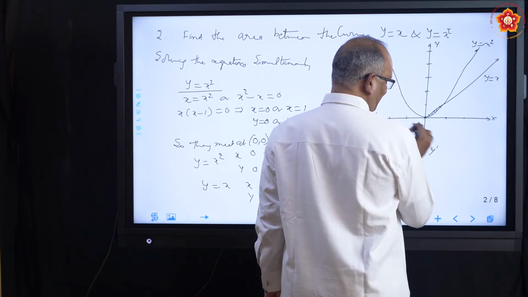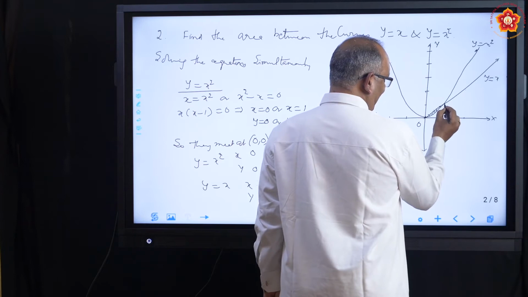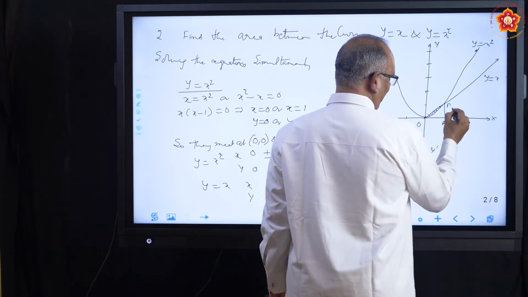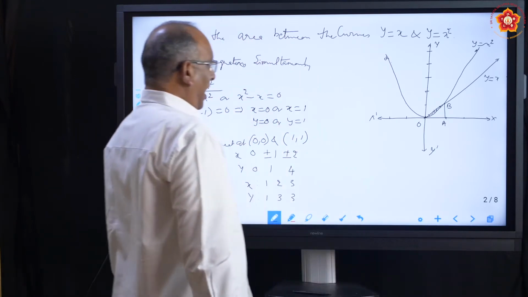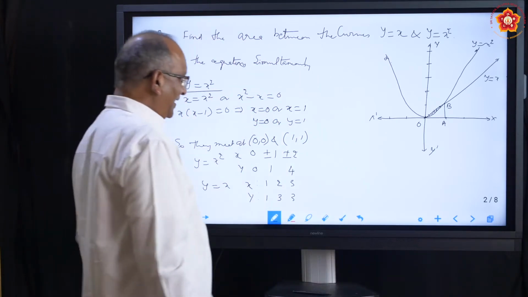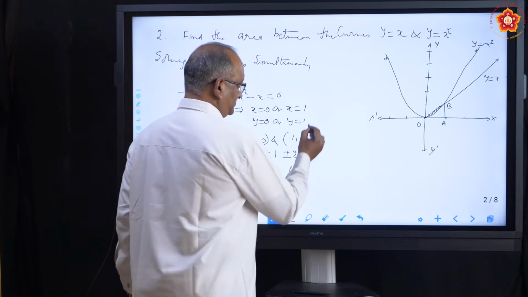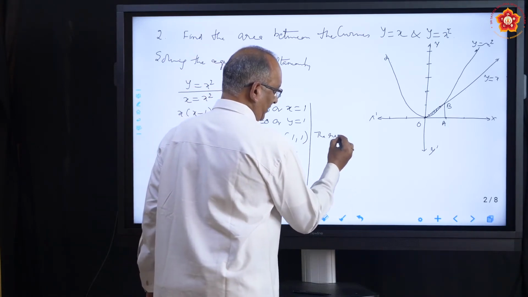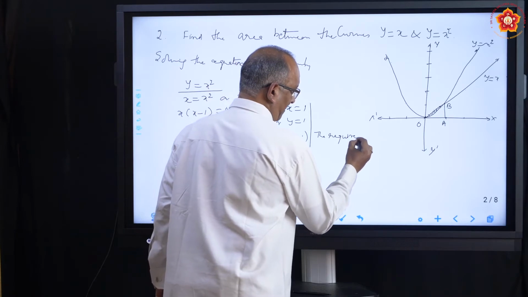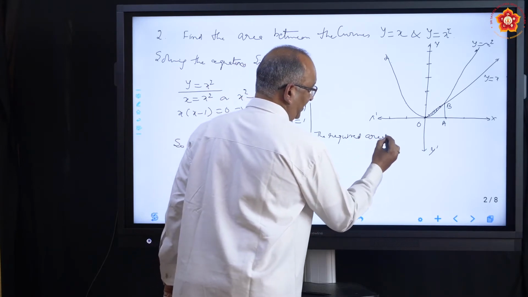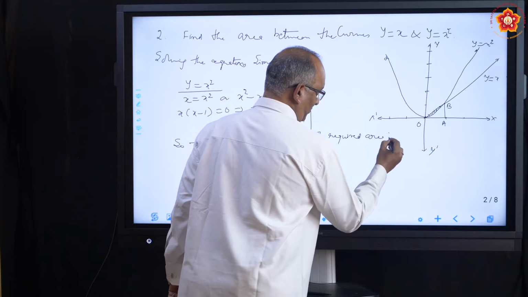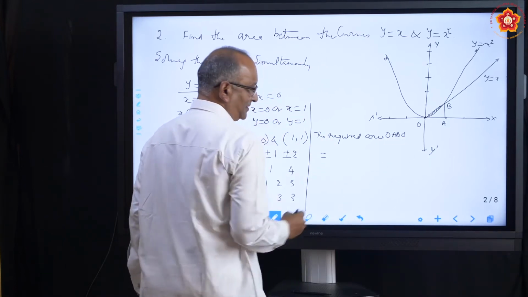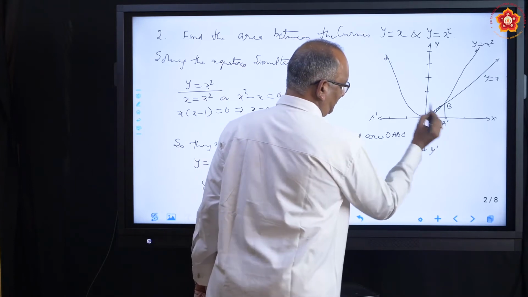How to find it out? We already called it O. Let us say from here we draw a perpendicular. Let us call it A, and this B. The required area OABO equals, see the limits, this is 0, this is 1.